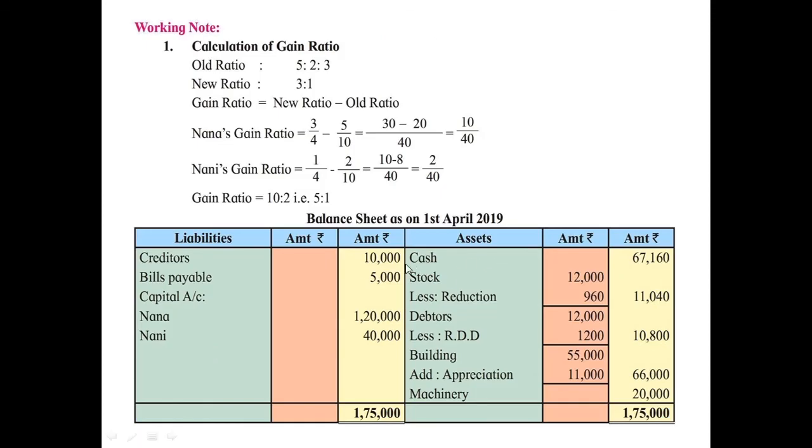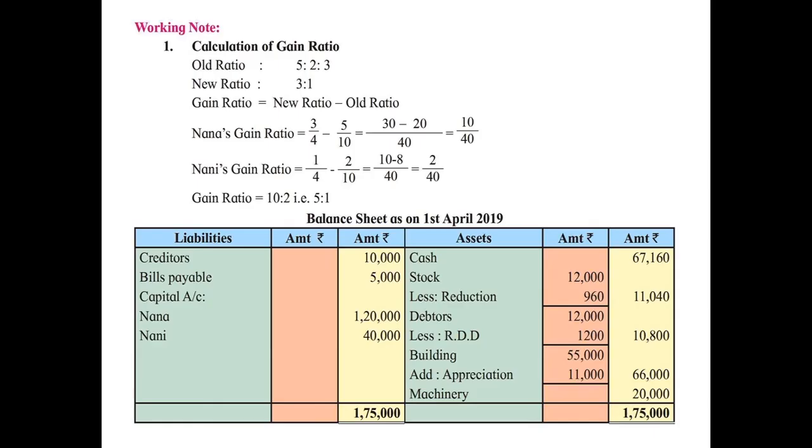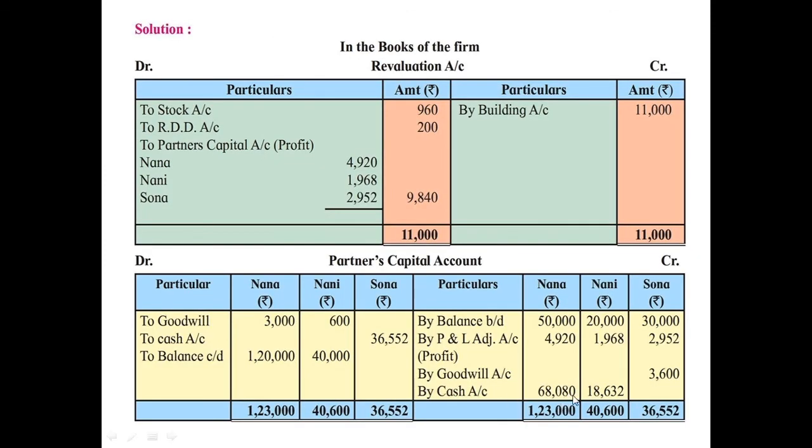Now adjustment for cash. First we have to see how much cash was available as per the old balance sheet. They had cash of rupees 17,000. In that we have to add cash paid by Nana and Nani, that is 68,080 plus 18,632. These amounts will be added to 17,000. And then Sona is retiring, so the cash paid to her, 36,552, is to be subtracted.